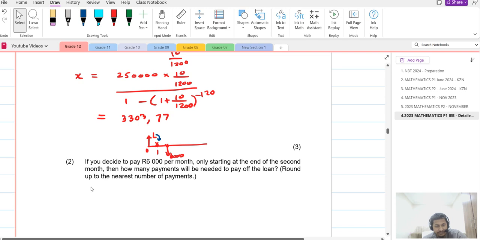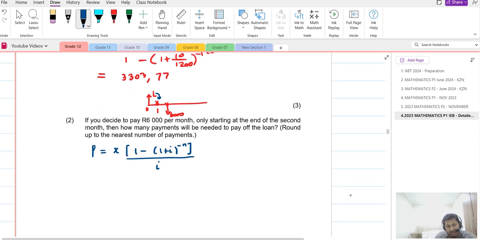But we're solving for n, and we have the value of x. So what we're doing with the loan amount is accumulating it for 1 month, and we don't know after how many months, so we're solving for n.